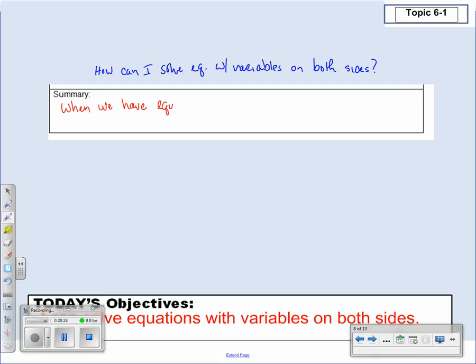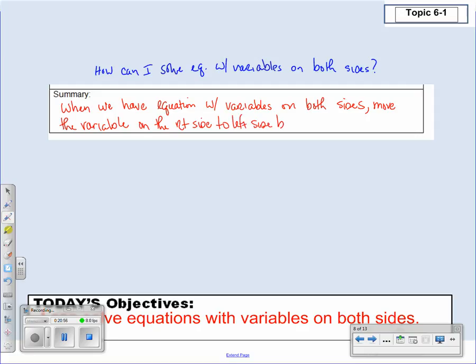when we have equations with variables on both sides, the question is, what did we do? We moved the variable on the right side, and we moved it to the left side.